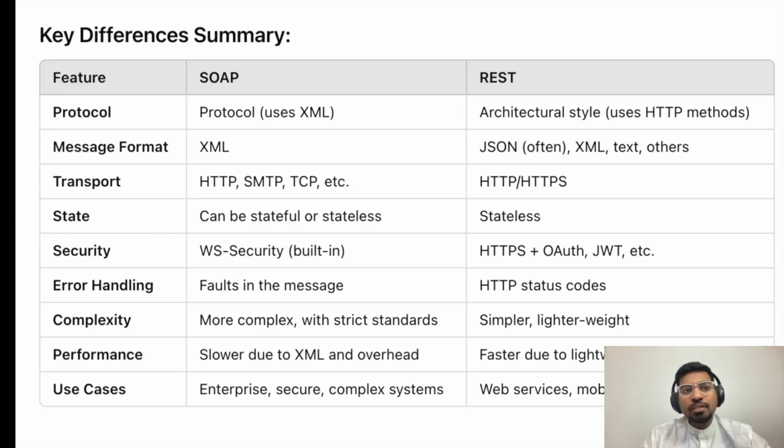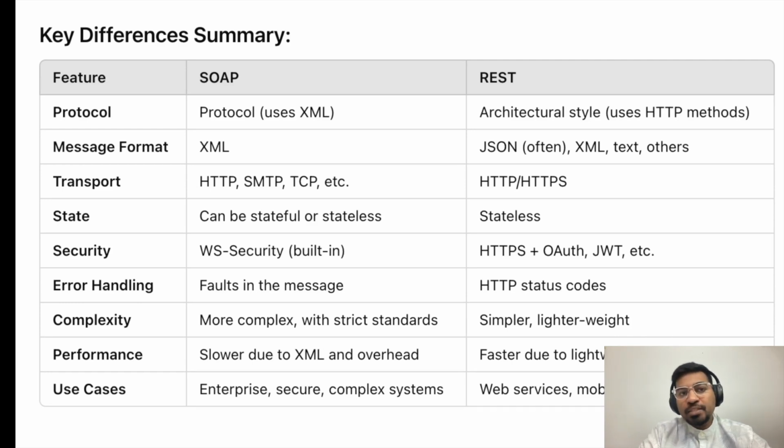Let's check what is the major difference between these two things, because this question is very frequent in automation interviews. Most people ask what is the difference between REST and SOAP, and what are the architectural differences between these. So let me tell you. These APIs are divided into further parts like protocol, message formats, transports, state, security, error handling, complexity, performance, and use cases.